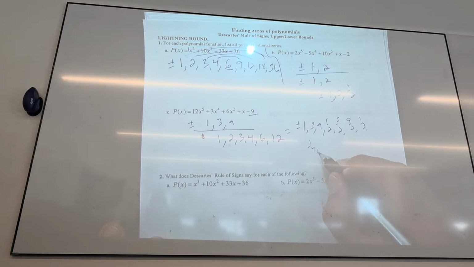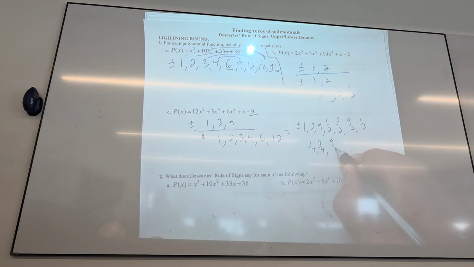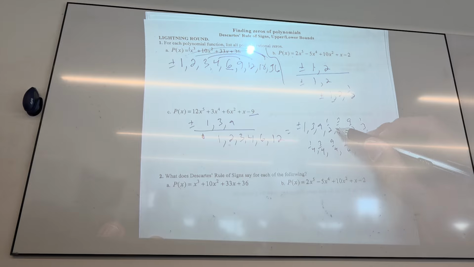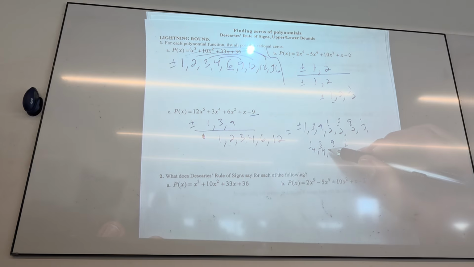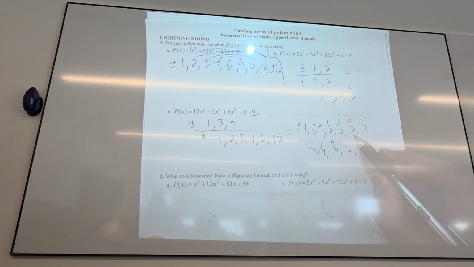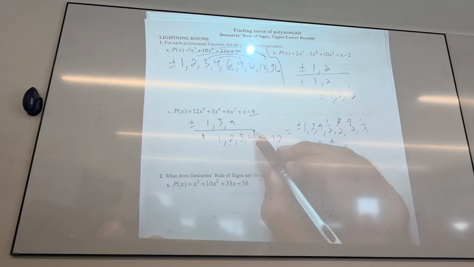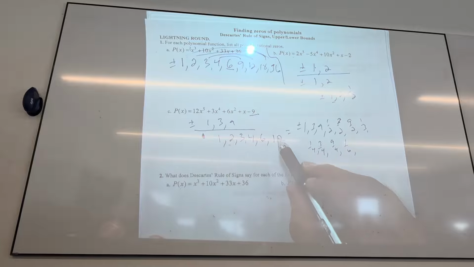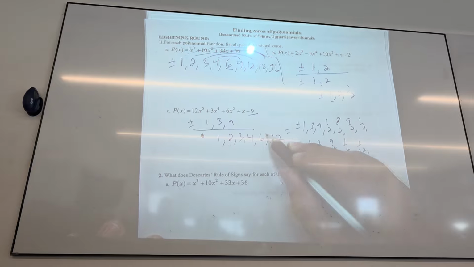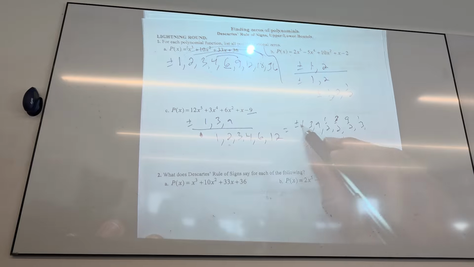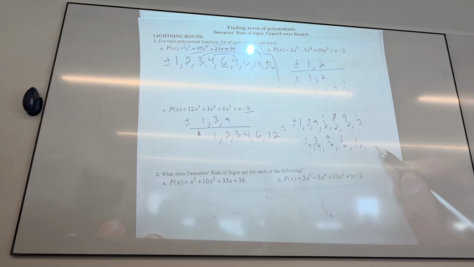1/4, 3/4, 9/4. 1/6, 3/6 is 1 half. 9/6 is 3 halves, which I have somewhere. Okay. Is everybody kind of with me? I'm just doing each one, and then 1/12. 3/12 is 1/4, I've already got. 9/12 is 3/4, I've already got.